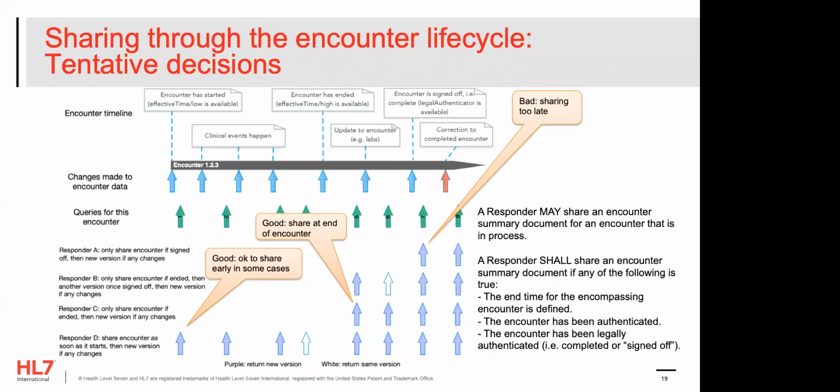There'd be a series of claims for that inpatient stay because the provider wants to get paid, right? If a payer or some administrative use case was querying you, the may almost becomes a shall for those in-process encounters.